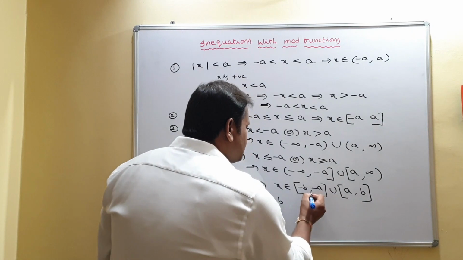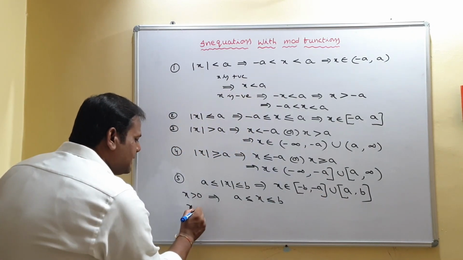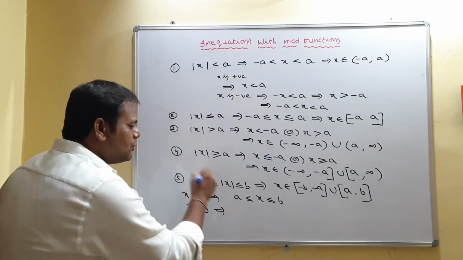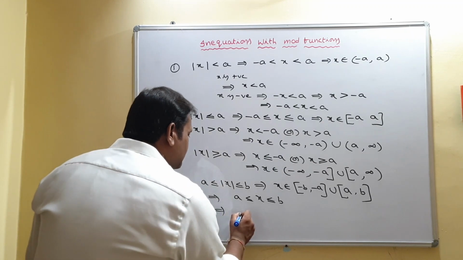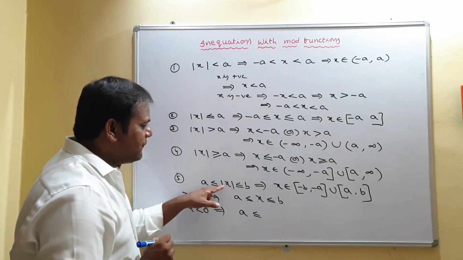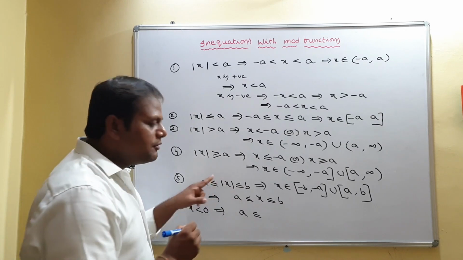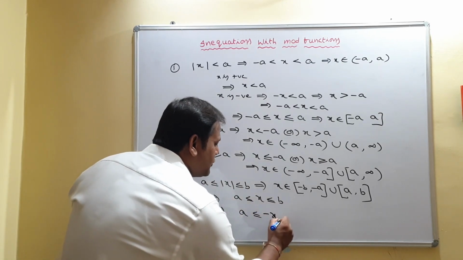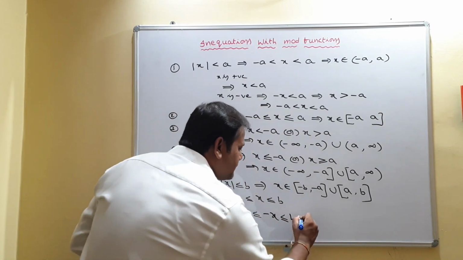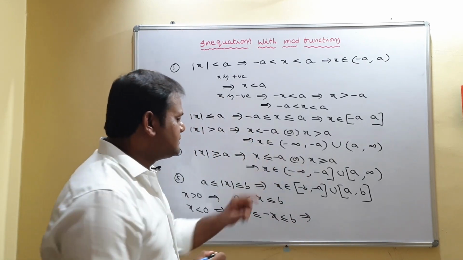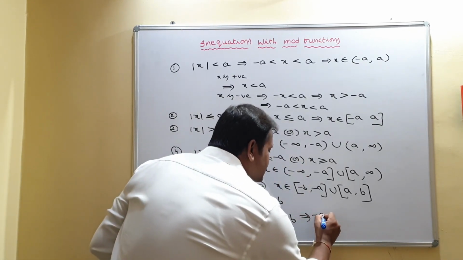Here, suppose I am taking x negative. So if x is negative, what is mod x? Minus x. So a less than or equal to minus x less than or equal to b. Multiply with minus sign, then the inequality sign changes.